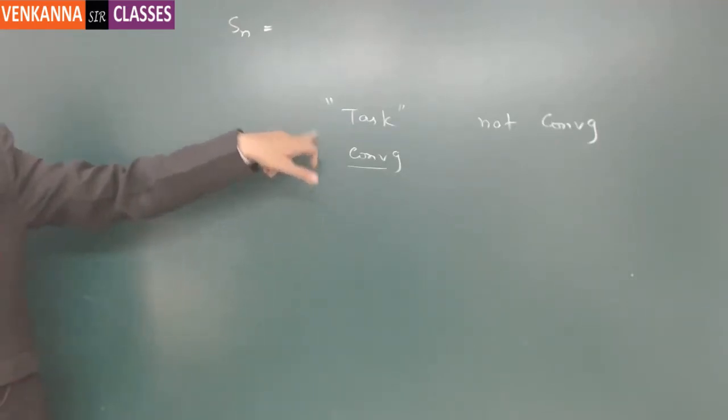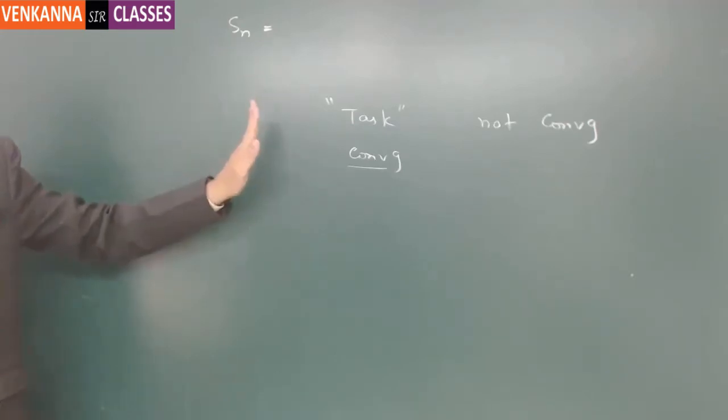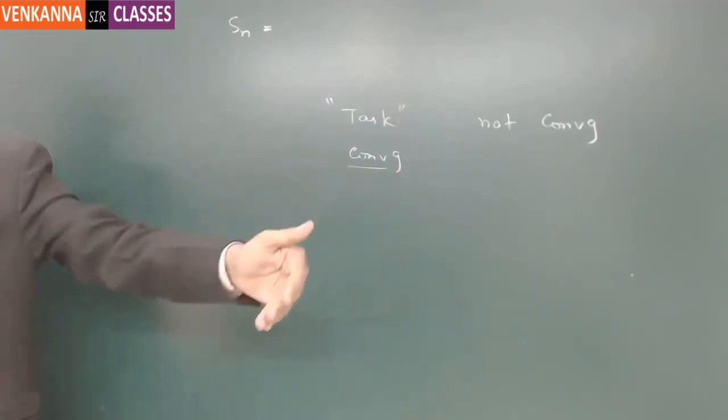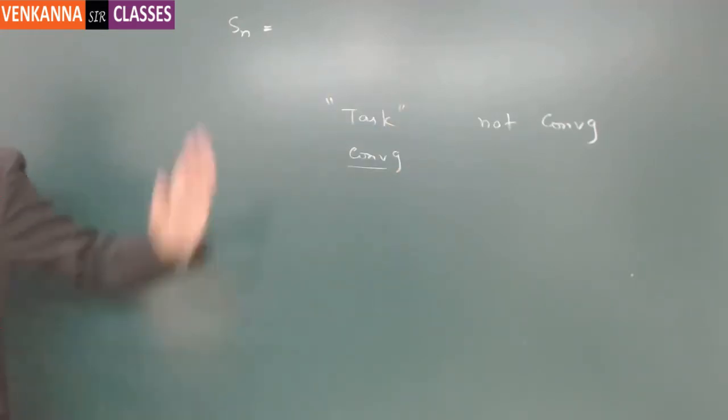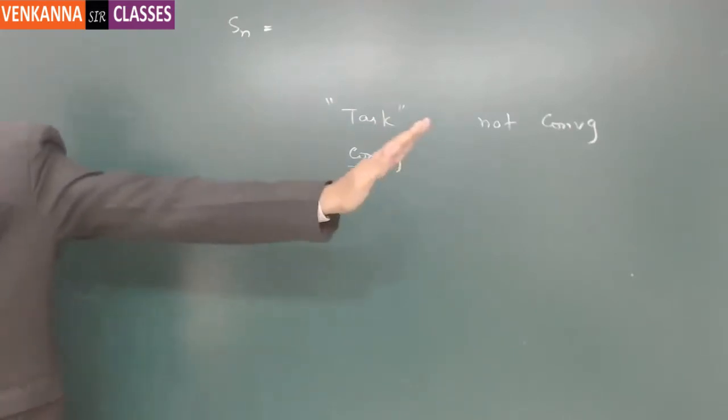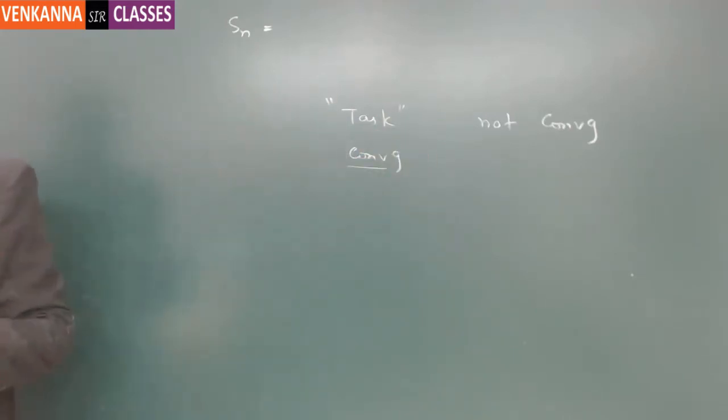So if a question is given that prove that it is convergent, then apply the Cauchy sequence technique. Prove that it is not convergent, then apply the Cauchy sequence technique. Otherwise, we should go with the previous methodologies because you don't know the nature of the sequence. Okay? I think it clarifies your doubt.